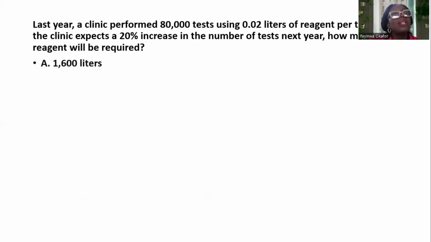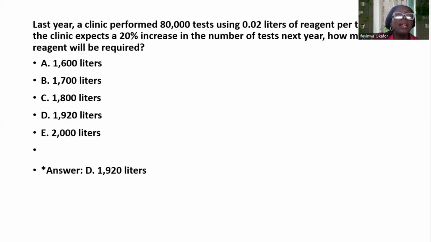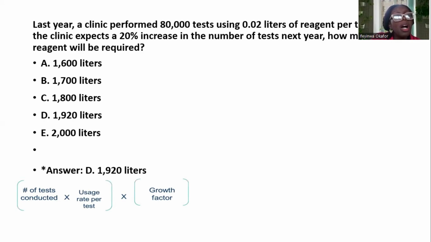And we have 1,600 liters of reagent, 1,700 liters of reagent, 1,800 liters, 1,920 liters, 2,000 liters, and our answer is D, 1,920 liters of reagent. And remember our formula for this?